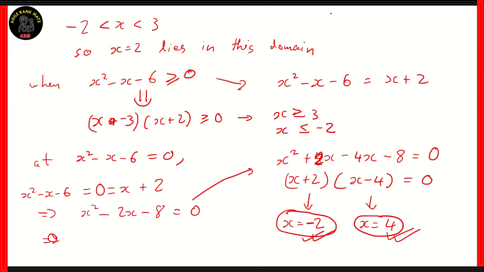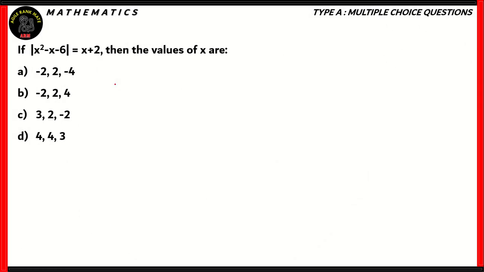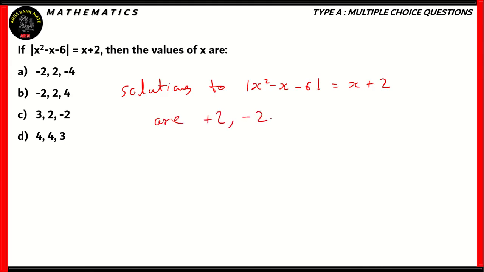So therefore, the solutions to the modulus of x squared minus x minus 6 equals x plus 2 are plus 2, minus 2, and 4.